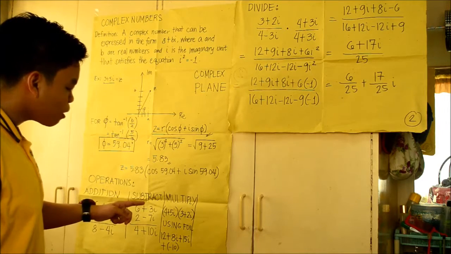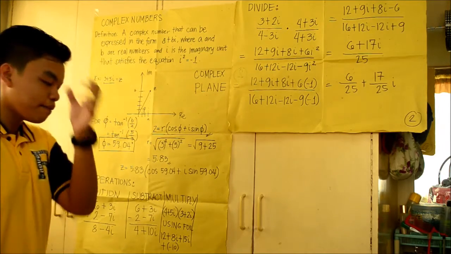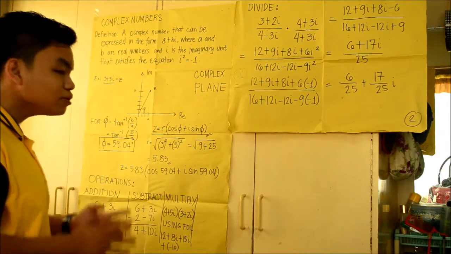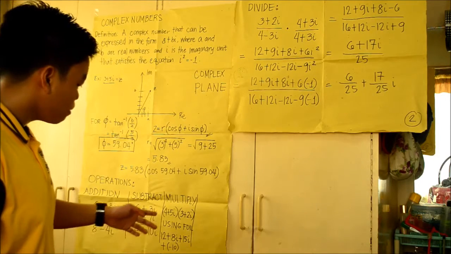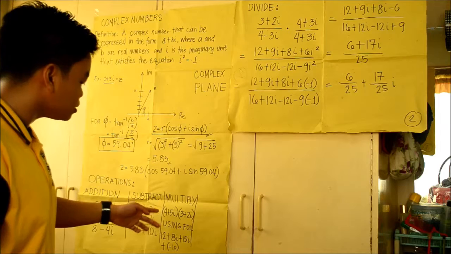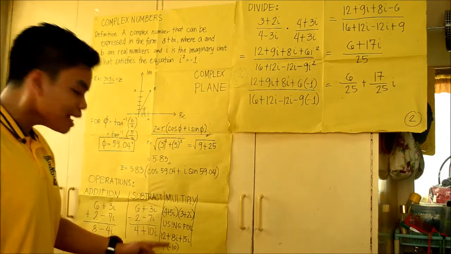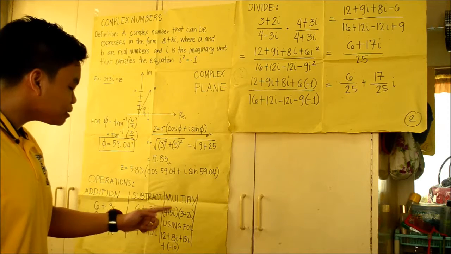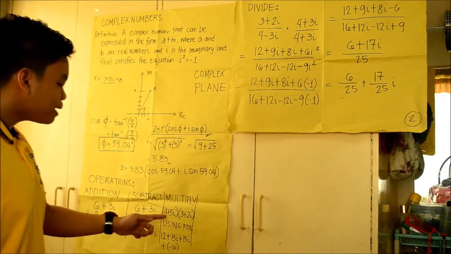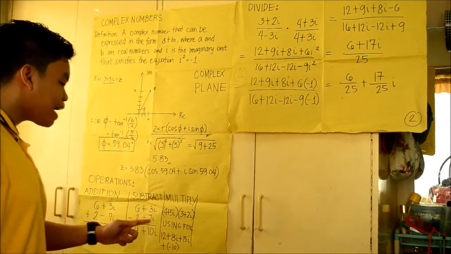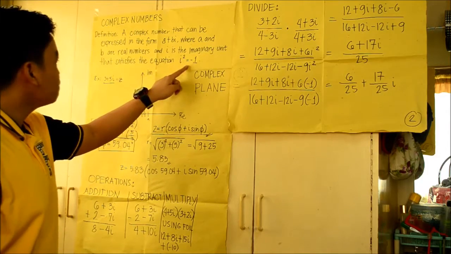Then for multiplication, we have a binomial. The quantity 4 plus 5i times the quantity 3 plus 2i. And then we will use the FOIL method. So we will first multiply the first terms. 4 times 3 is equal to 12. 4 times 2i is equal to 8i. 5i times 3 is equal to 15i. Plus 5i times 2i is equal to 10i squared, wherein i squared is equal to negative 1.